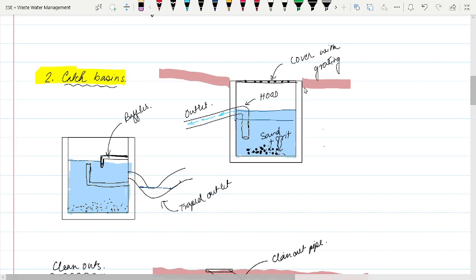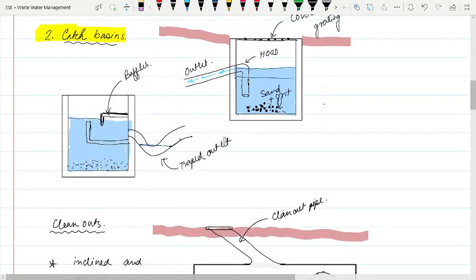Whenever there is rain, water will come inside these basins. The solid particles they carry will settle at the bottom, and as the level gets higher, the water will go out through the outlet after those particles get settled. So that is why it is called a catch basin. It catches the particles that we don't want in our sewer lines.